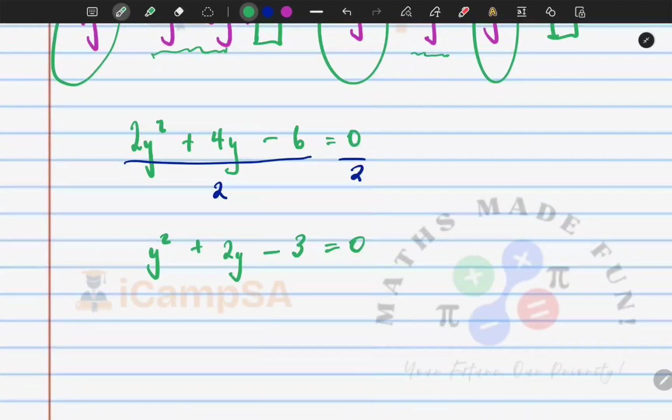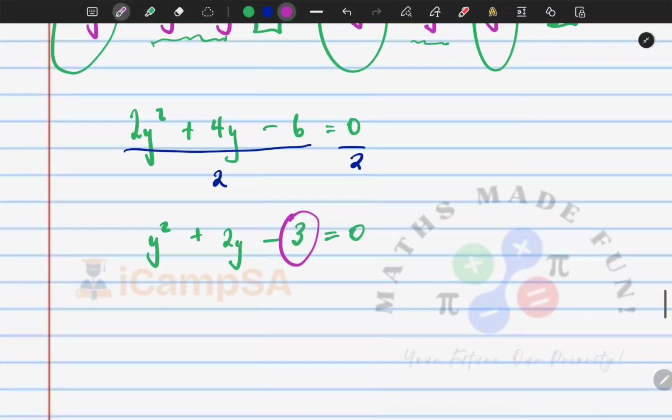So here I'm going to want the factors of 3 that are going to give me positive 2, right? So I have 3 here, so it's going to be 3 and 1, right? So which one should be negative? This one should be negative, and this one should be positive, because 3 minus 1 is going to be 2.